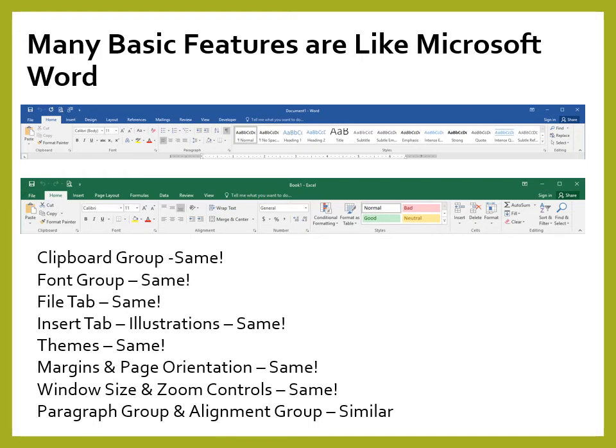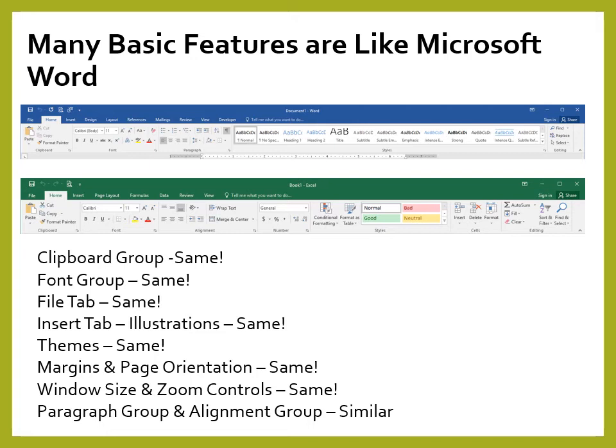When I get to this slide, usually students are super excited because it shows that the many basic features that you have in Microsoft Word are also available in Excel. So you, for the most part, don't have to relearn them. The clipboard group where you can copy, cut, and paste is the same. The font group where you can make things bold or change colors or font styles, same. File tab where you save your files is the same.